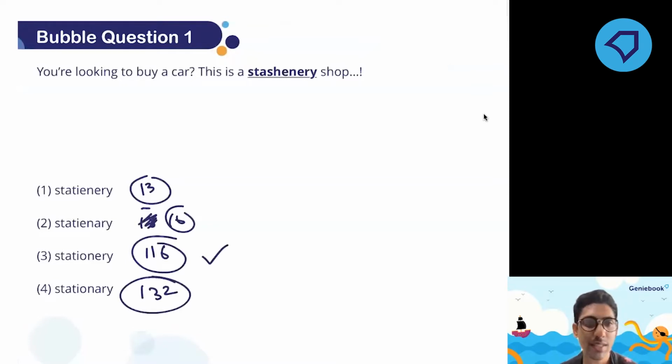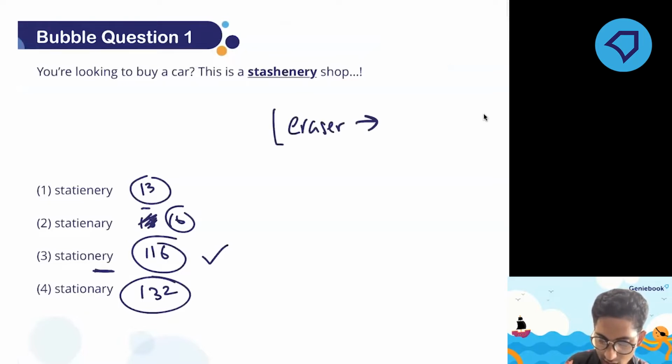Okay, supposed to be stationary. Yeah, with an E. So we have students who gave us ways to remember. One of the ways that stuck in my head is eraser. You have an E, right? And then you have automobile, which is a car.